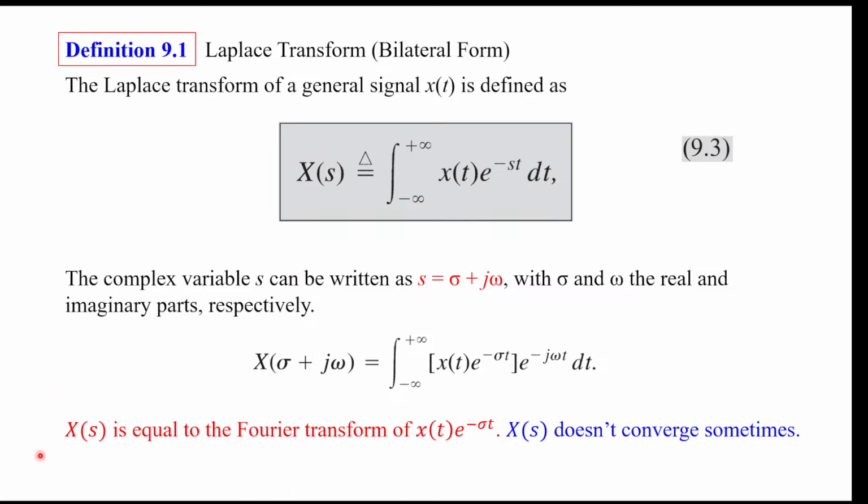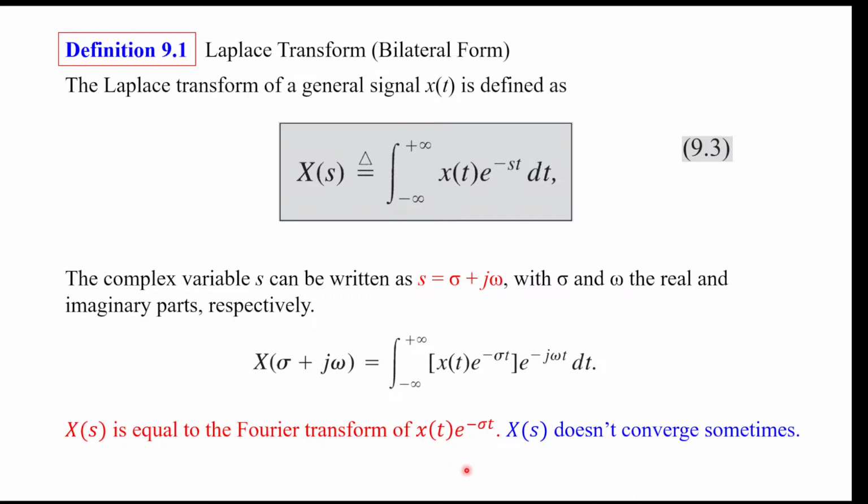Okay. And a nice important concept to remember is that if s has some real part sigma plus j omega, then X of s is just a Fourier transform. When you are fixing on some sigma, X of s is just the Fourier transform of x of t times e to the minus sigma t. Okay. And also there is this ROC concept that's very important.